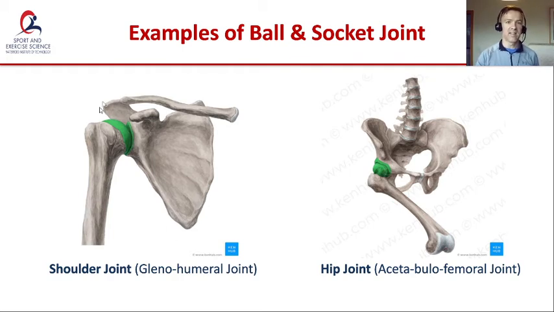That's the fancy name for your shoulder joint. And your hip joint, we've mentioned a few times, this bone, the long bone of your upper leg, is called your femur, and this part of your hip, the socket, is called the acetabulum. So what we've got there is the acetabulofemoral joints, where those two bony structures meet together.